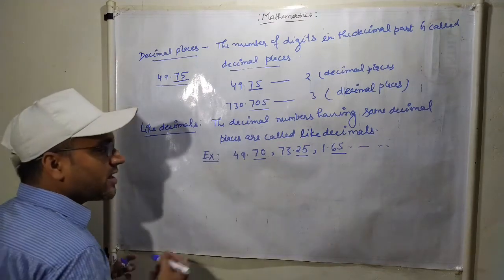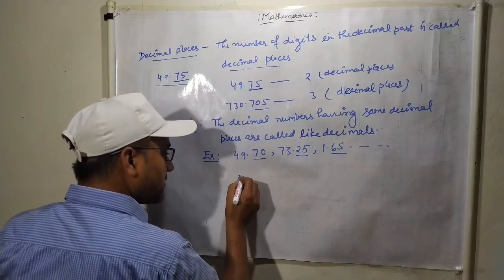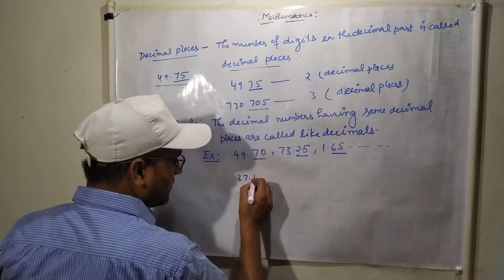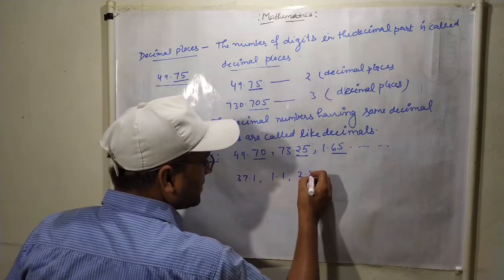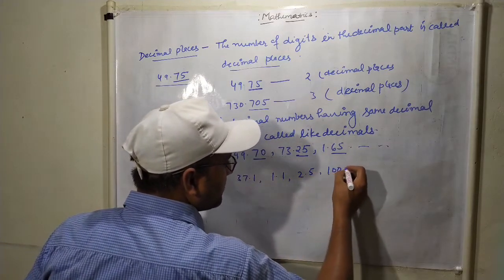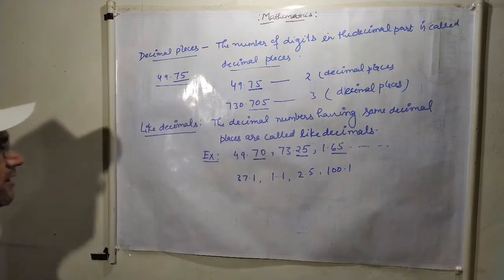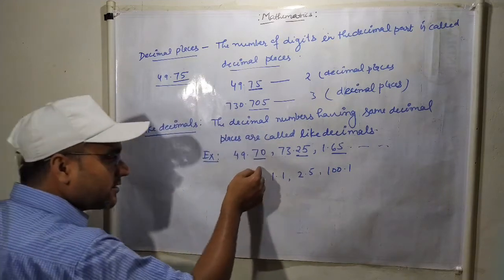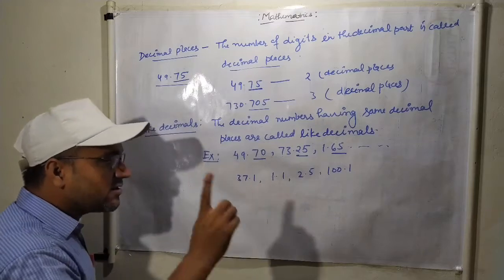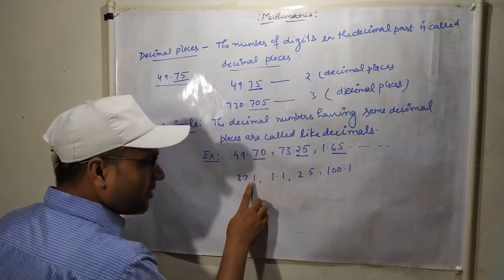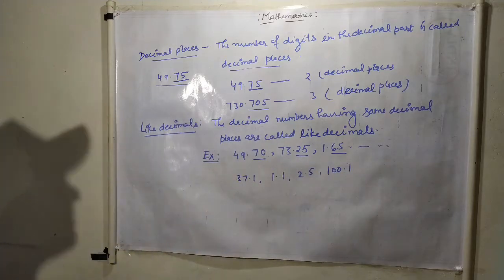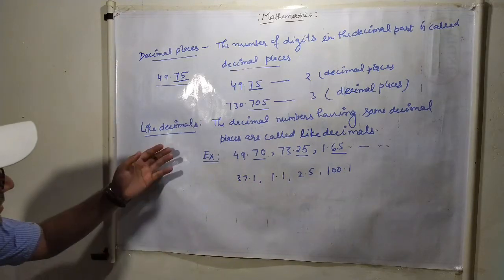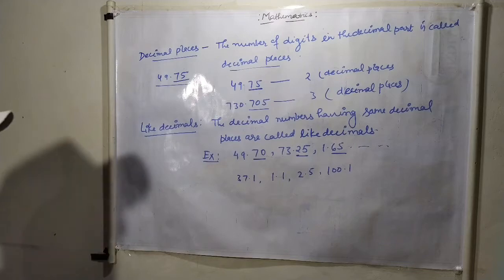Suppose one more example, 37.1, 1.1, 2.5, 100.1. They are said to be like decimals because after the decimal point there is only one digit, here is also 1, here is also 1. Any problem, students?